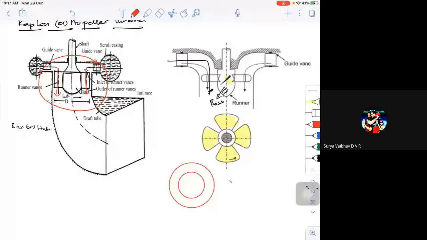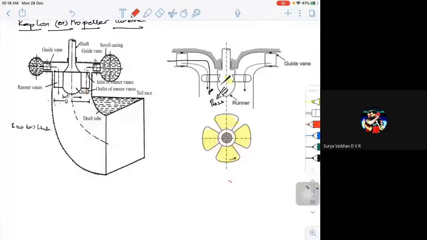That will clearly tell how your flow is in between; it is similar to flow in between two concentric cylinders. When the cylinders are running parallel, that's why we call this an axial flow turbine.